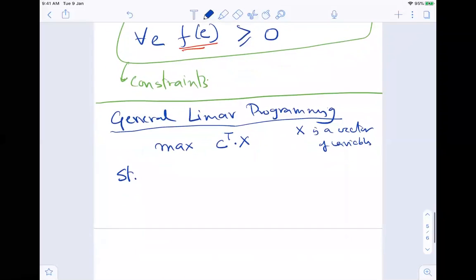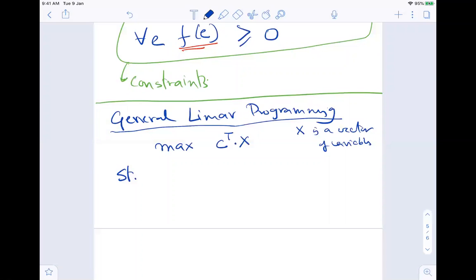How do I write a linear combination of x's? Any idea? You can think of X as a column vector, so C transpose X is a linear combination of that.